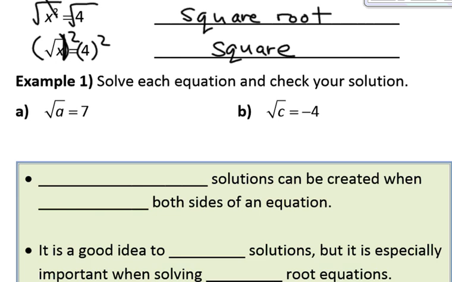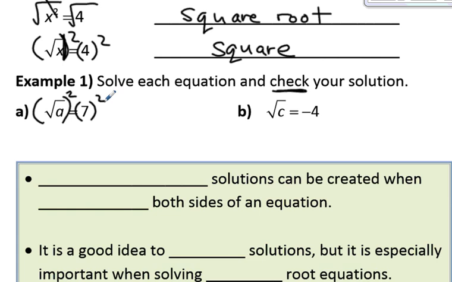For example 1, it says solve and then check. Checking when you have radical equations is extremely important. In fact, I'm going to require you to check your answer, and I'm going to show you why. If you have the square root of a equals 7, you want to get a by itself. A has a square root, so we square both sides to get rid of it.